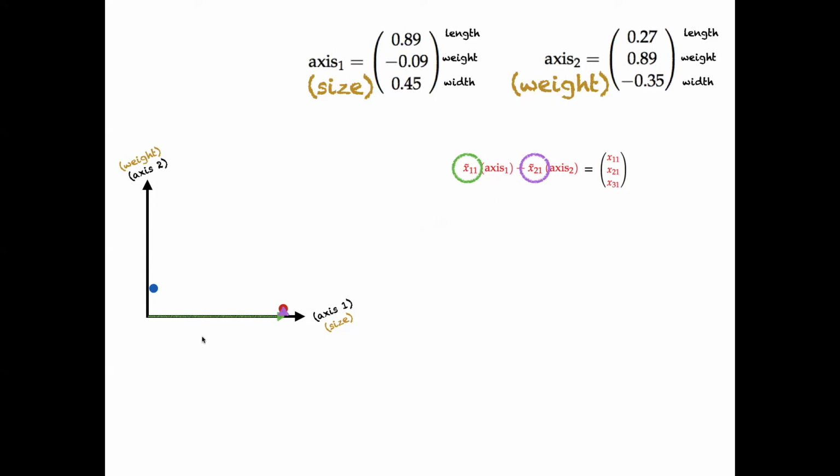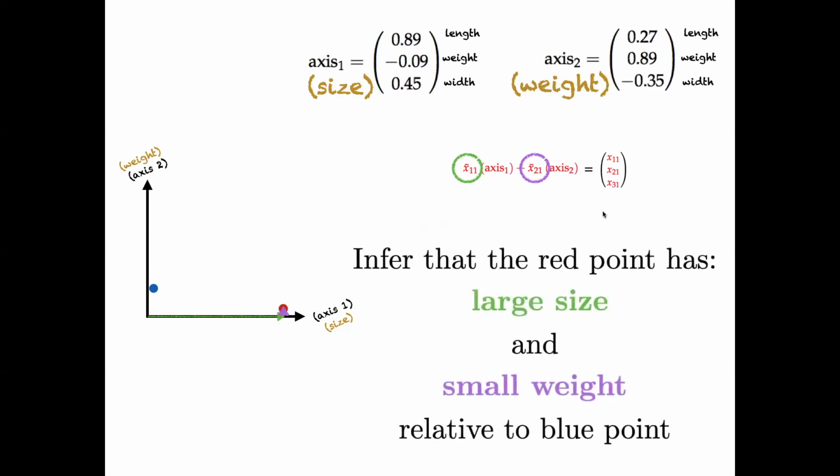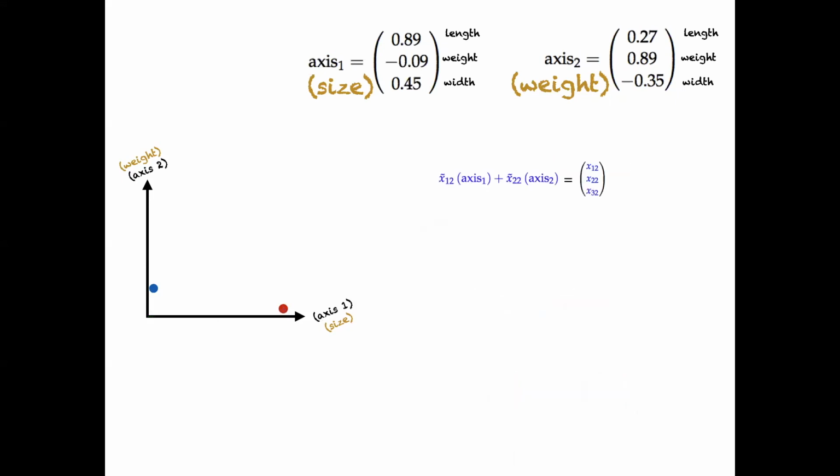Okay, again, this is just a new coordinate representation. And from this, I will infer that the red point has a larger size and a smaller weight relative to the blue point, because its coordinate along this axis, which we're deeming size, is larger, and its coordinate along axis 2 is smaller.